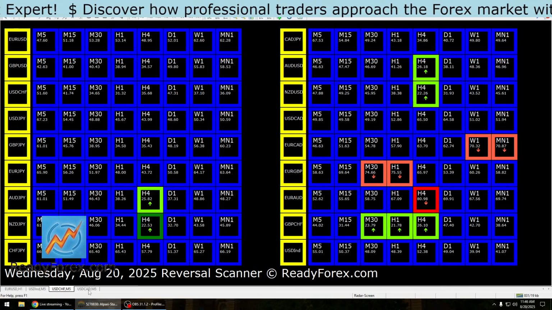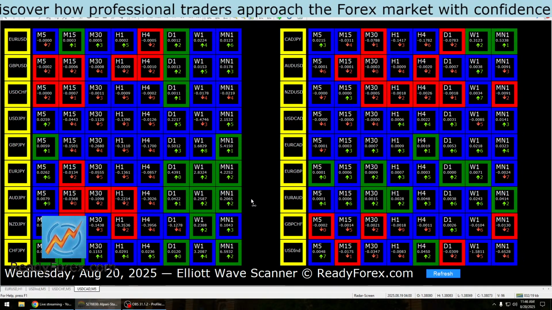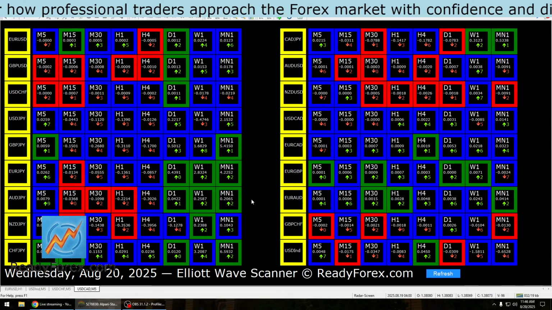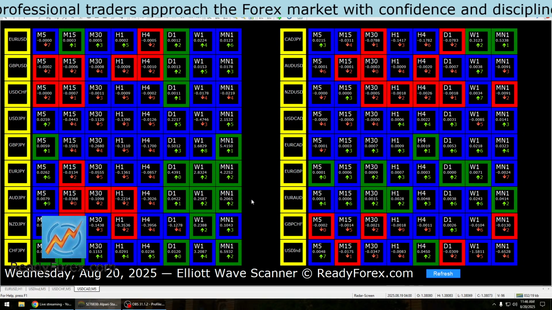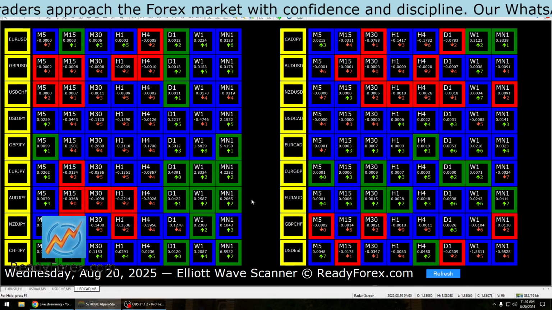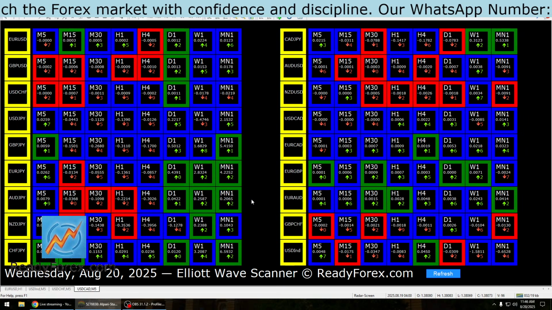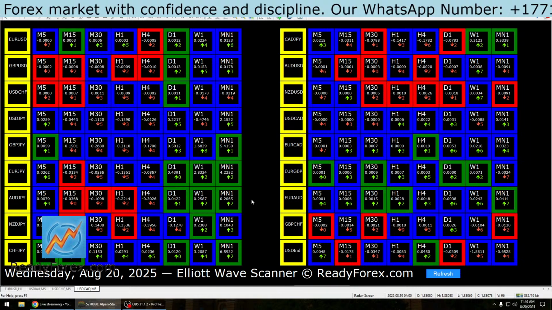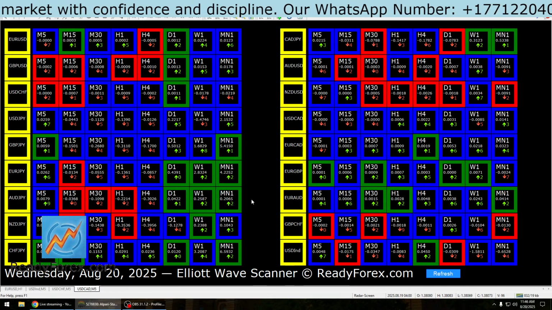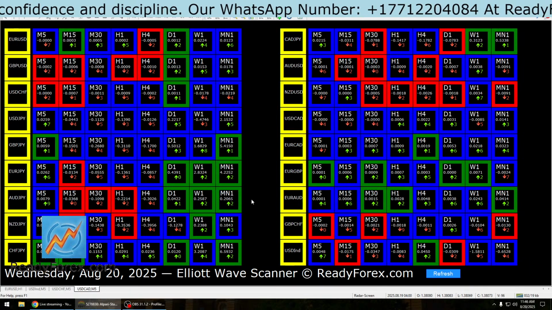Let's see what else we have. The Elliott Wave scanner is telling me to check out the pound dollar currency pair. What else do we have? USD Swiss franc is also looking good in the 4 hour.